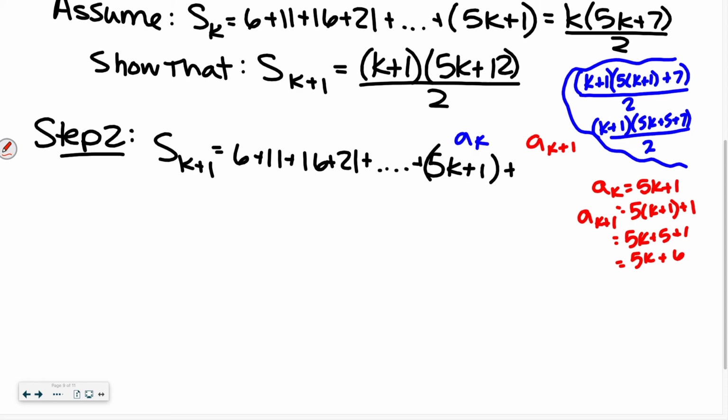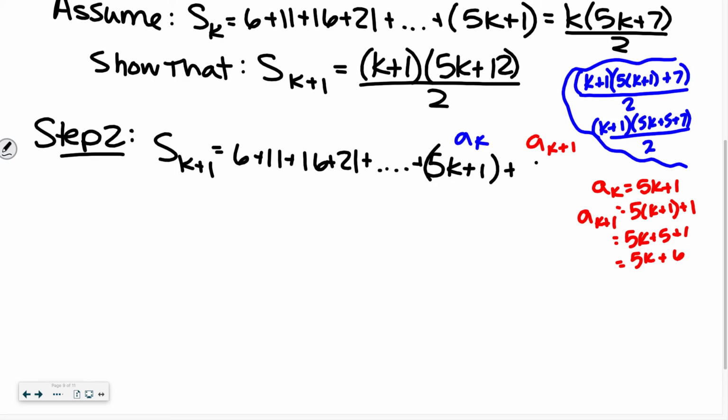It's just kind of like the same stuff I did with s sub k and s sub k plus 1. I just make the substitution and simplify it. Here's what I call the short way using patterns. 6 plus 5 is 11. 11 plus 5 is 16. 16 plus 5 is 21. 5k plus 1 plus 5 is 5k plus 6.